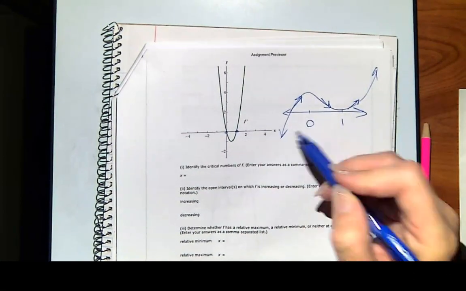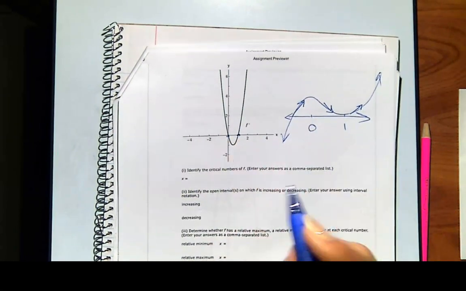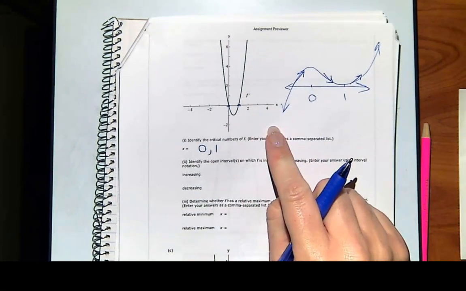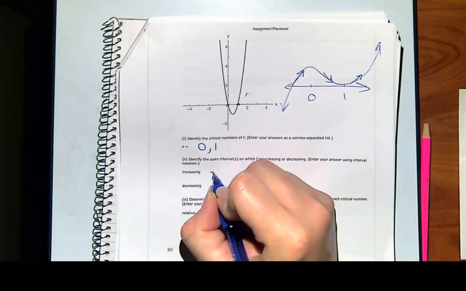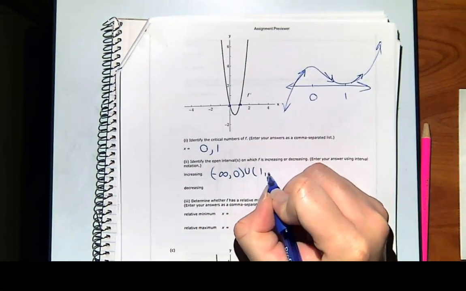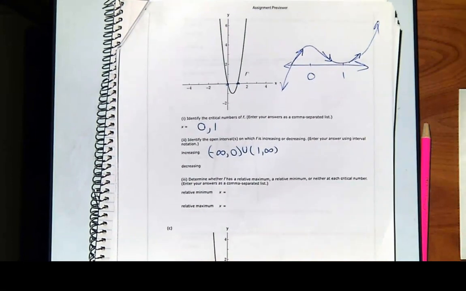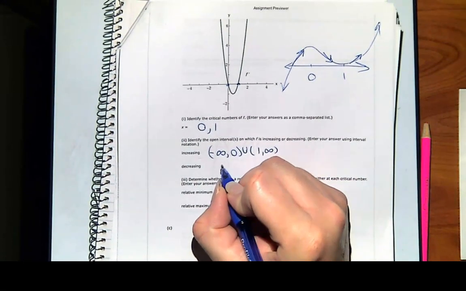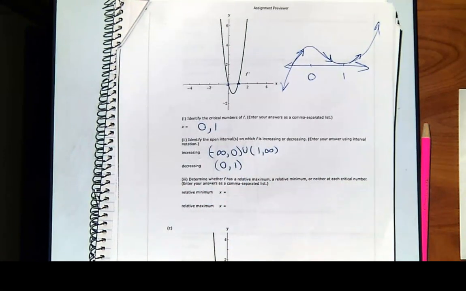So you just drew basically a cubic function. What are your critical numbers? Where does it hit the axis? At 0 and at 1. It's above the axis from negative infinity to 0, and again from 1 to positive infinity. It's below the axis between 0 and 1.